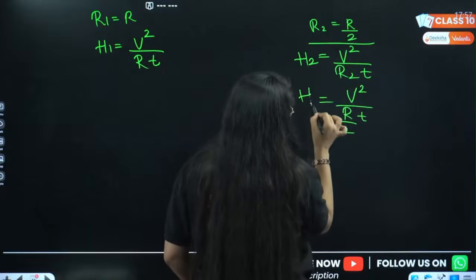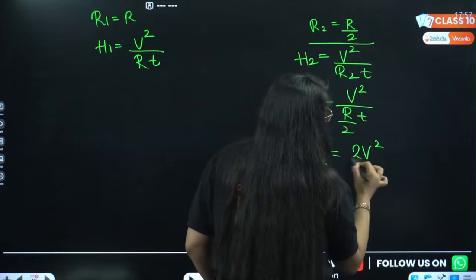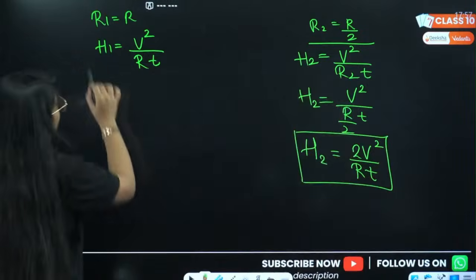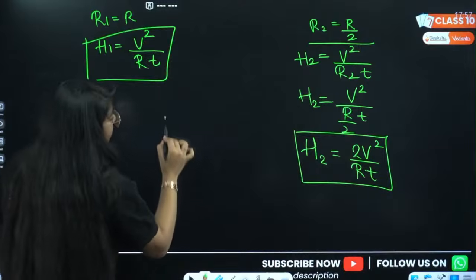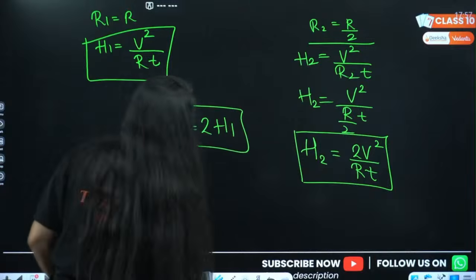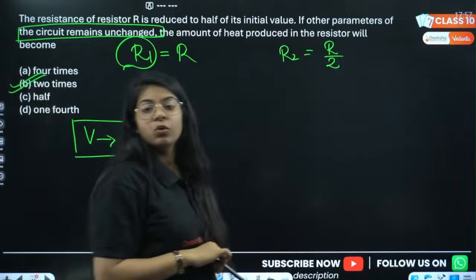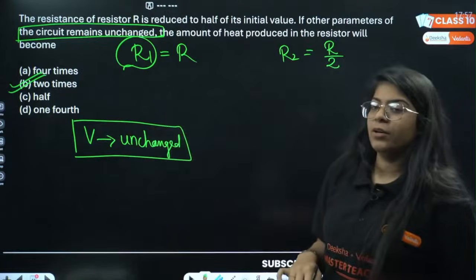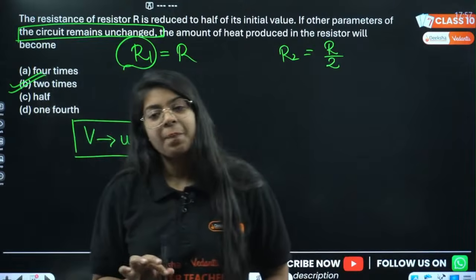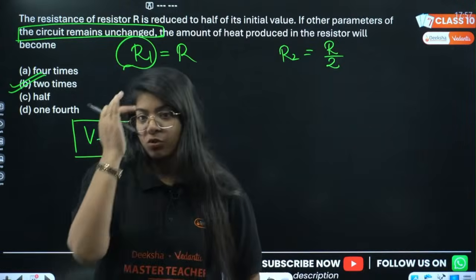So H2 is 2V square by R into T. Now V square by R into T was H1. So H2 is 2 times H1. So all of you were correct. The correct answer is B, that is 2 times. Very good. Done? Did you understand well? Any doubt on this question?